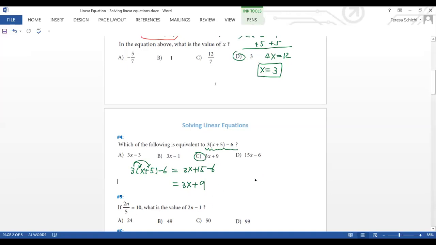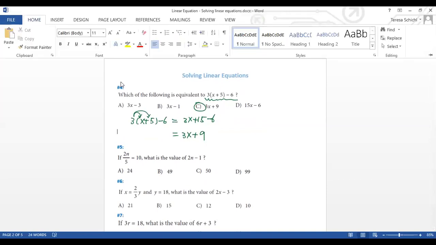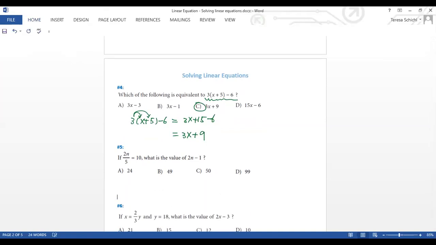Okay, now let's take a look at these ones here, right? Also let's try to be kind of smart and observe it first, right?